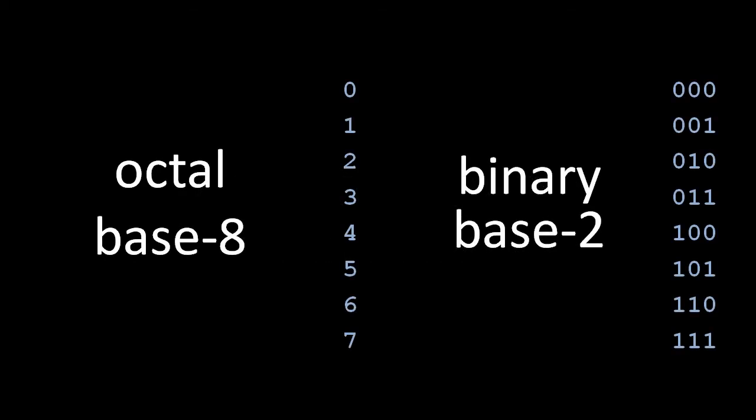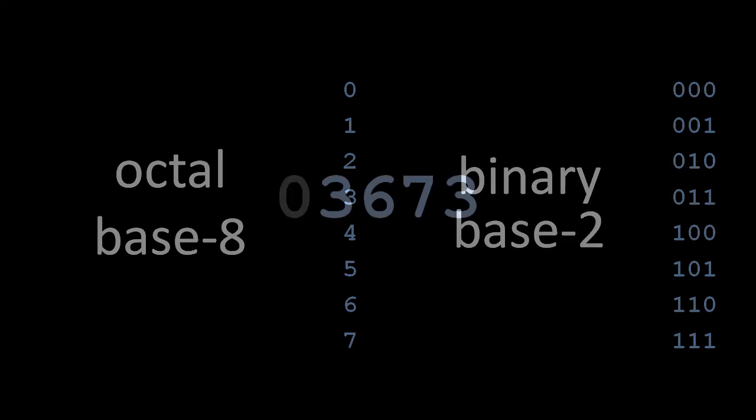So let's say we wish to convert from octal to binary, or vice versa. All we need to do is memorize the 3 binary digits that correspond to each octal digit. The octal digit 5, for instance, is equivalent to the binary digits 101. The octal digit 2 is equivalent to the binary digits 010, and so forth. So if I have the octal number 3673, I can convert it to binary if I simply know what the binary equivalent of each digit is.